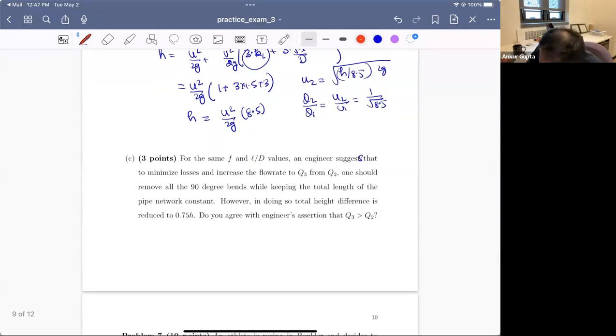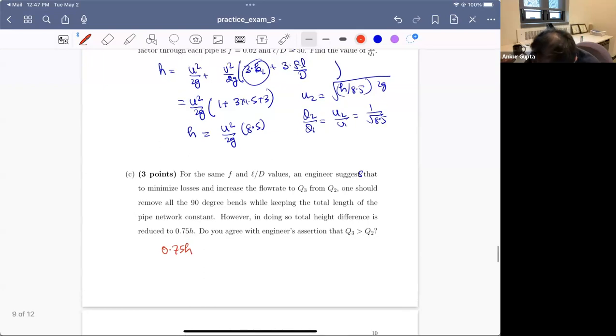So really, the question is saying the left-hand side is reduced by 25%, but then is the gain enough to compensate for that? So we have 1 plus 3 already. Now you get U3 in this case. So U3 should be, because 3 is still the same, length is the same, friction factor is the same. So instead you basically get 4.5.